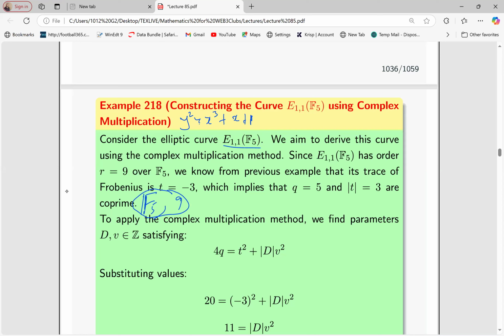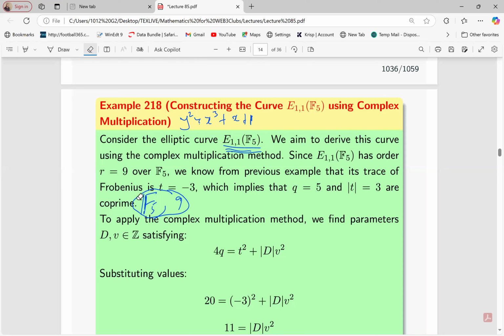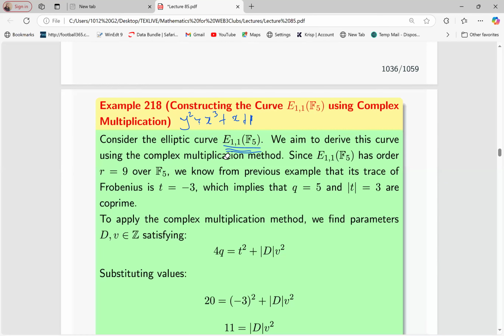We do not know what A is, although in our case we know it because this is what we want to generate. But let's assume we don't know what A is, we don't know what B is. What we know is that our company wants to come up with an elliptic curve that has 9 points and is defined on F5. If that is the information we have, we now proceed as follows.